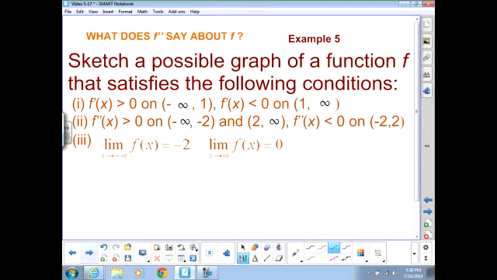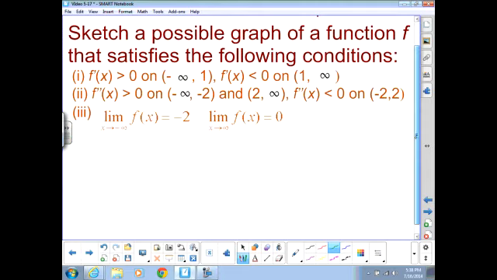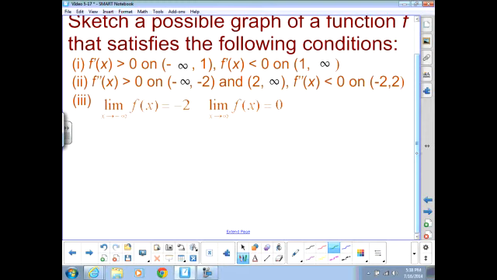So we're going to use our knowledge now of first derivative and second derivative to try and sketch a function that has these qualities. What we're going to do also before we sketch the graph is list out what each of these things really means. It says we want the first derivative to be greater than 0 on the interval negative infinity to 1.